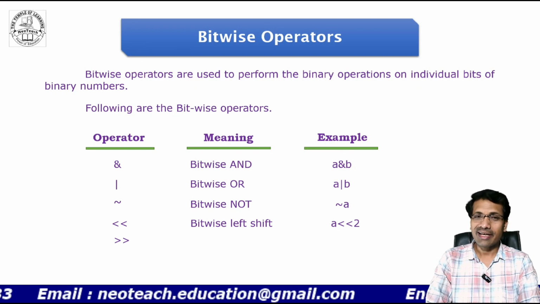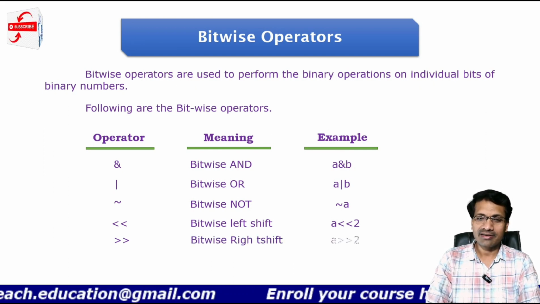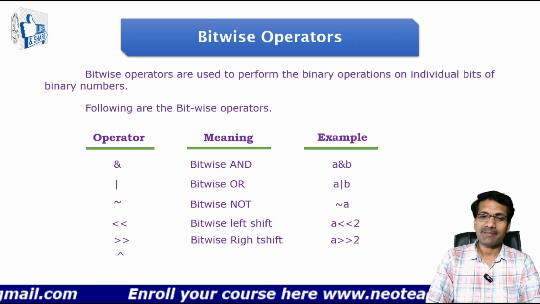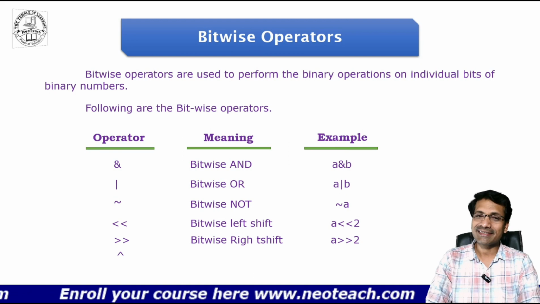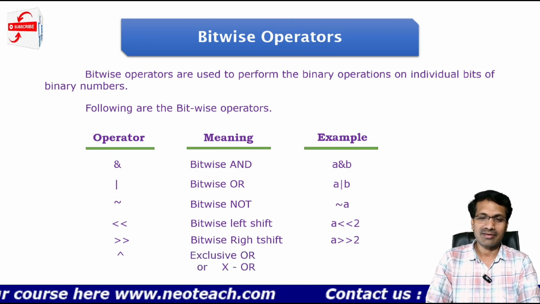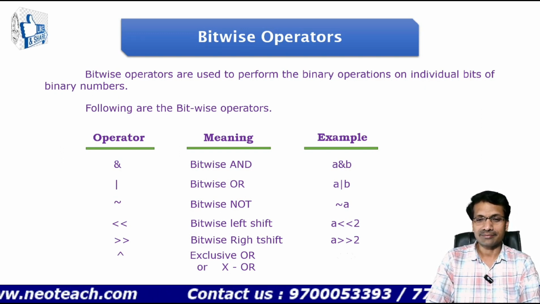Now the right shift operator, bitwise right shift operation, like A right shift 2. Followed by that is the caret symbol, which is for bitwise exclusive OR. We can also call it XOR, so bitwise exclusive OR or bitwise XOR.